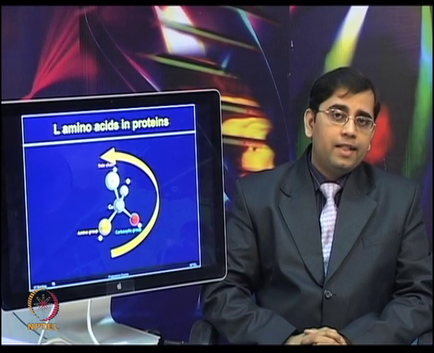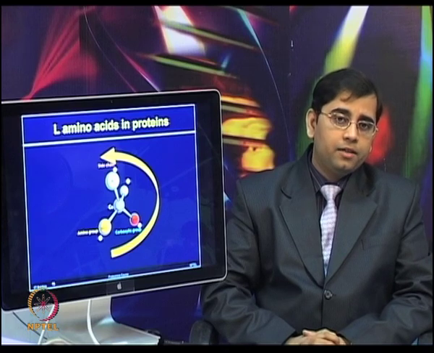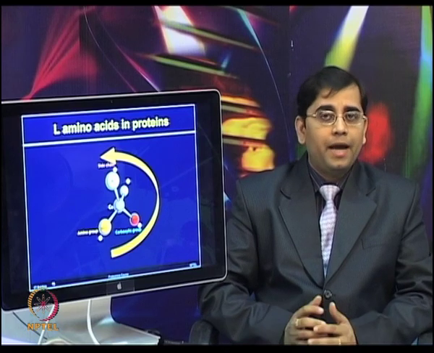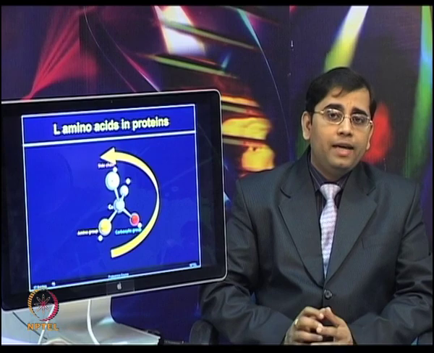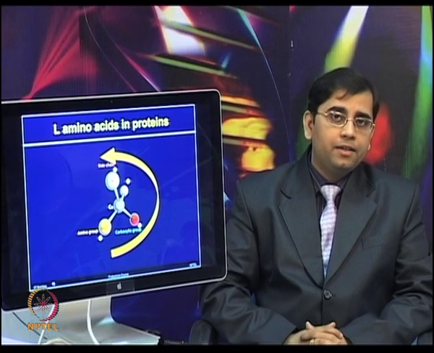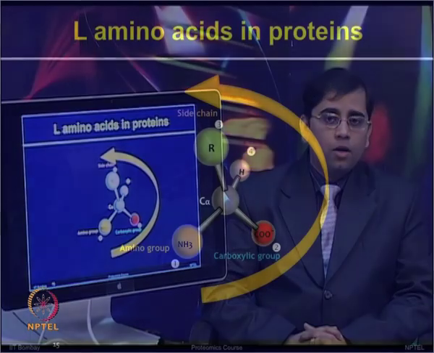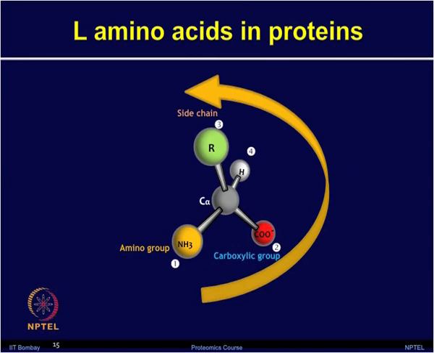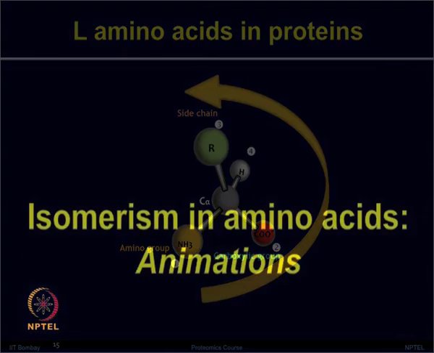There could be R or S configurations in the amino acid depending upon the priority groups, but only L amino acids are present in proteins. All the L amino acids have S configuration, which describes the counterclockwise direction, as shown here, from the highest to the lowest priority groups, which is indicative of a chiral center with the S configuration.